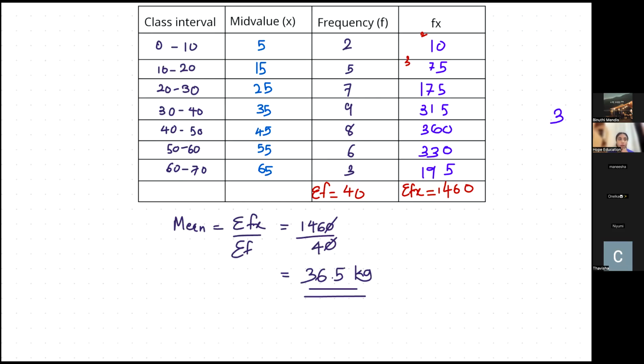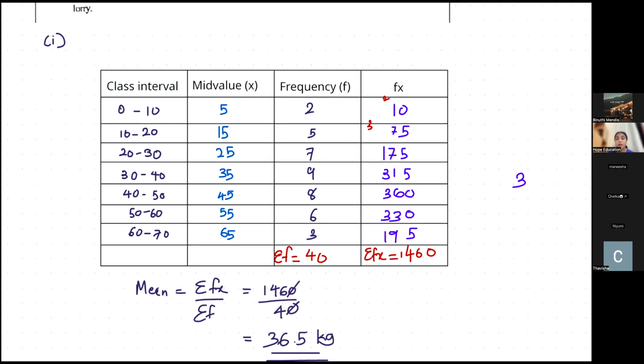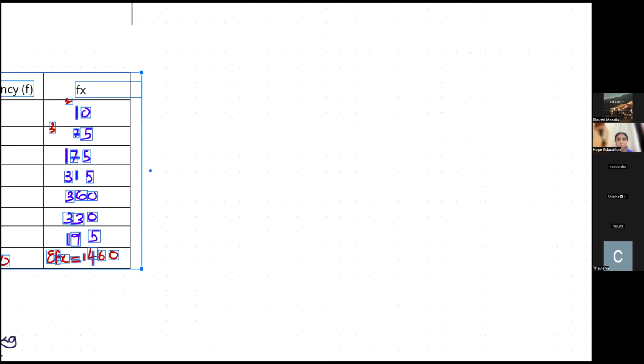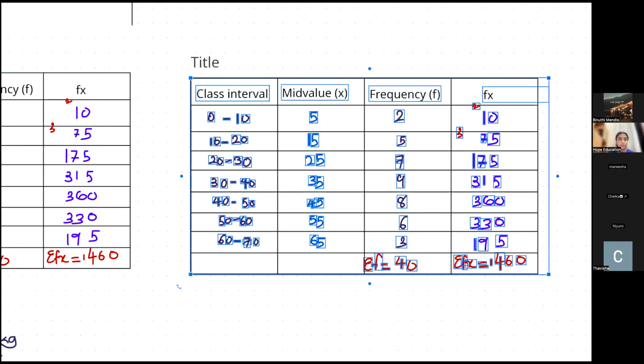Okay. For anyone who used an assumed mean, I'll explain the assumed mean method. So let me see if I can copy paste this. Yeah, no. If you used an assumed mean, I'll tell you about it.